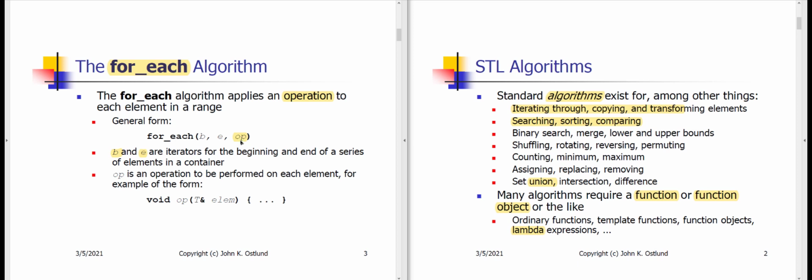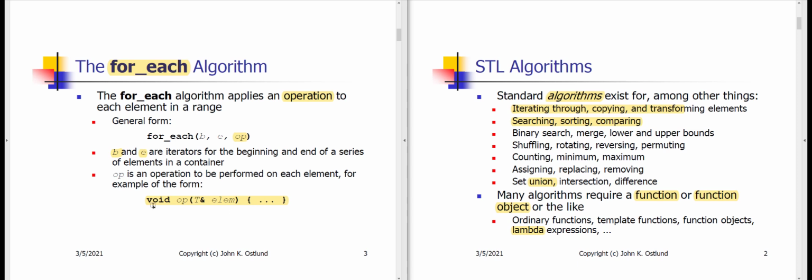Now, for the for_each algorithm to work, the operation has to have this kind of form. That is, it has to be a function or function-like thing that takes a reference to a container's element as its argument, and that does something either with that element or to that element.